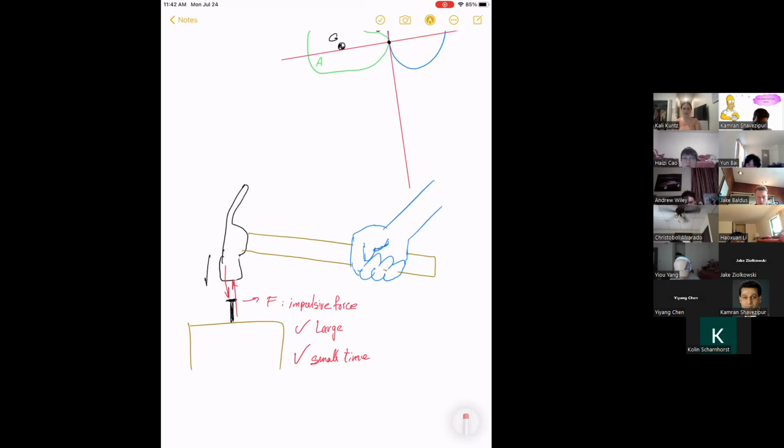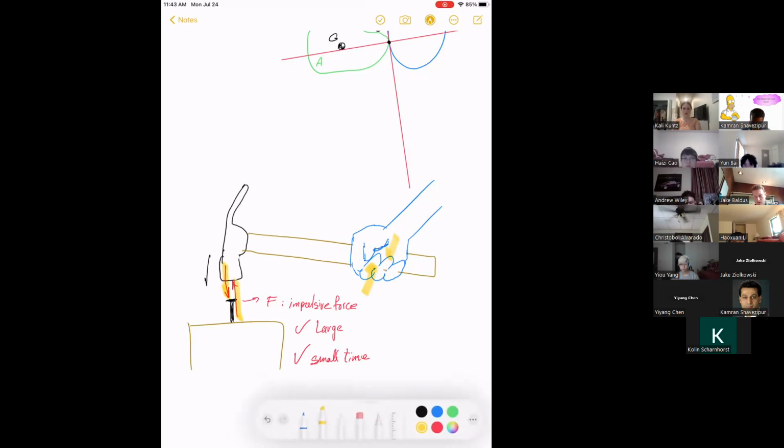Because when you hit the nail with this large force, the reaction force applied to your hand from the hammer handle is also very large. Sometimes even if you don't hold it strongly, the hammer bounces and escapes your hand, right? Because you have to hold it very strongly.